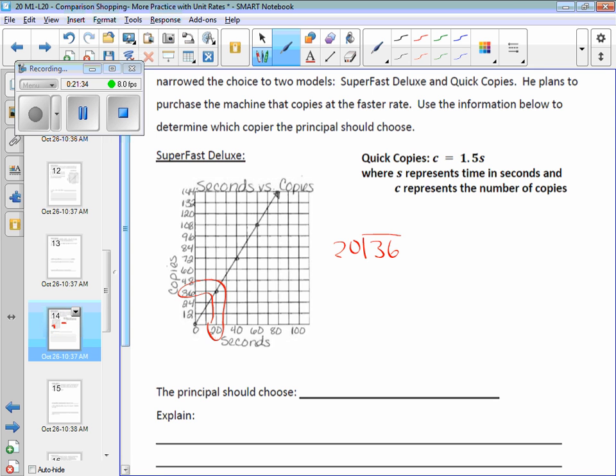How many of you, raise your hand, did 20 into 36 for Super Fast Deluxe? Okay, check. If not, let's do it now. Okay, 20 into 36 goes once. What's my remainder? Brando. 16. Am I done? I got to keep bringing zeros down until I either terminate or repeat. 20 into 160.